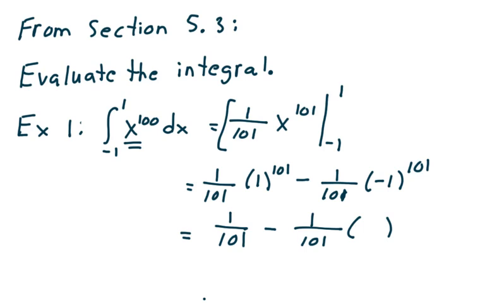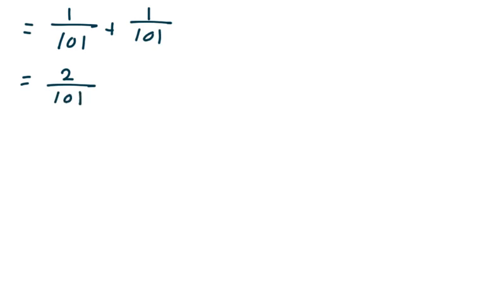So this is 1 over 101 times negative 1. And so the answer here, well, this is 1 over 101 plus 1 over 101. So this is 2 over 101. And that's how you do the first one.